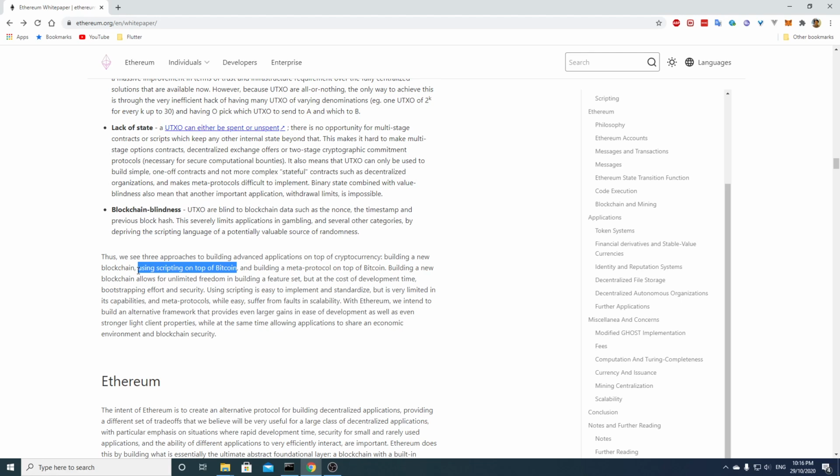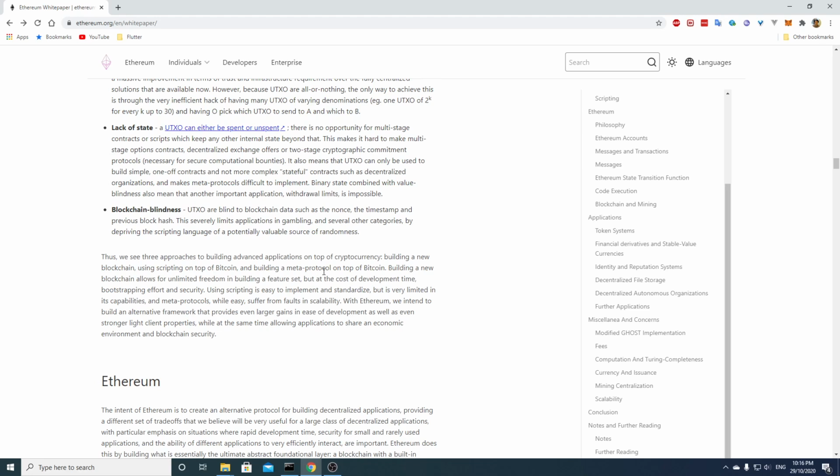People have extended the scripting language of Bitcoin by introducing new opcodes, and as long as these new opcodes don't break previous transactions, they introduce a soft fork, not a hard fork. And soft forks are easier to stage for deployment.